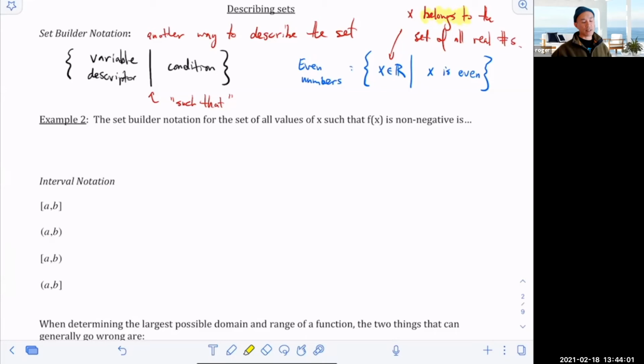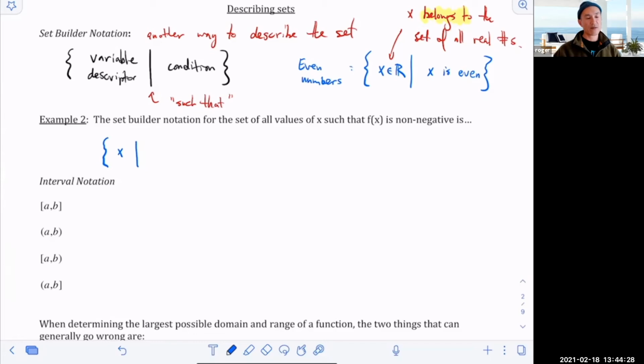So let's use set builder notation to describe this set here. We want to find the set of all X values such that f of X is non-negative. I'm going to say the set of all X, and I'm going to put the vertical bar to be such that.